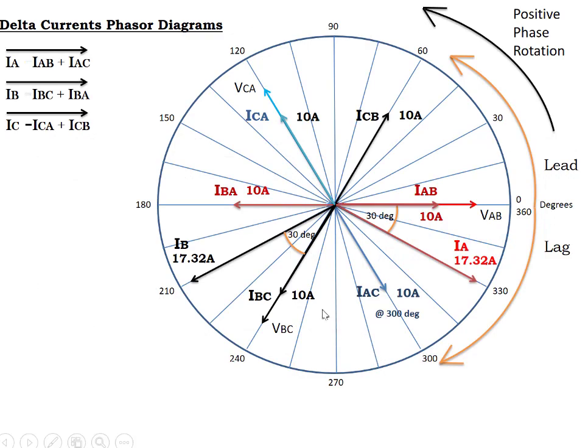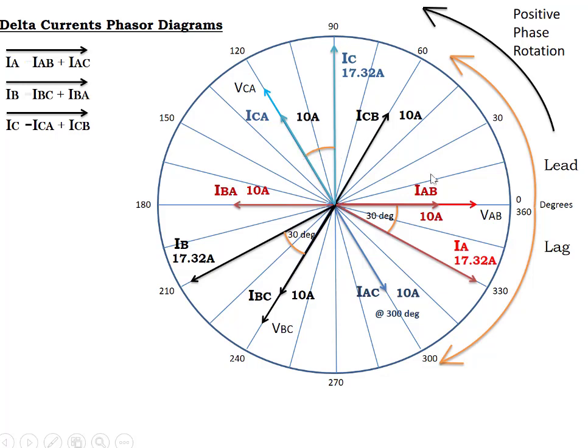And on this phasor diagram now, we have all the important voltages and currents plotted. And for balanced load, again, these calculations are fairly easy. It's fairly easy to figure out what your line current is and to know that it's always 30 degrees behind the phase voltage.